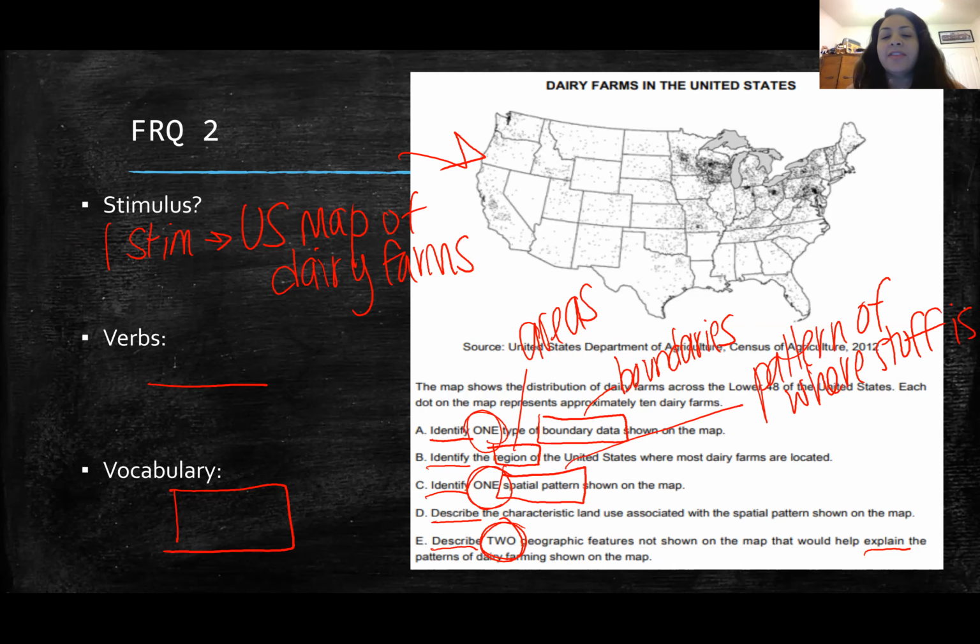All right. And then letter D, describe the characteristic land use associated with the spatial pattern shown on the map. Well, we already said what spatial pattern is. It's the pattern where stuff is, right? Land use. You totally overthought it.